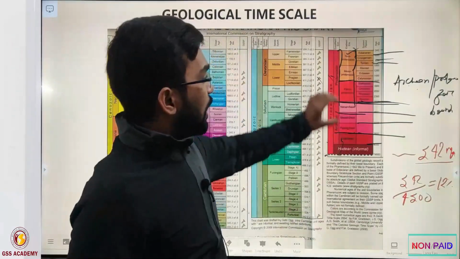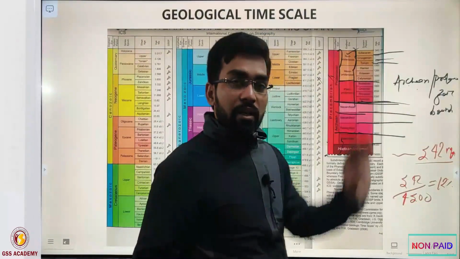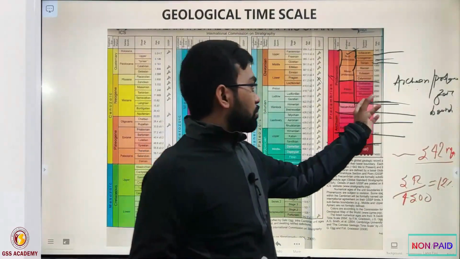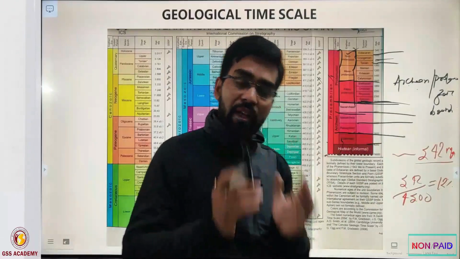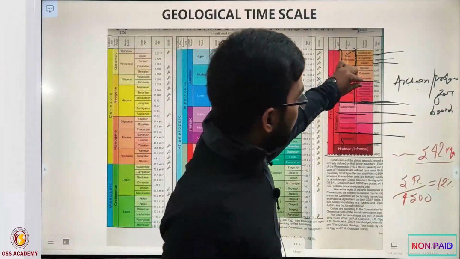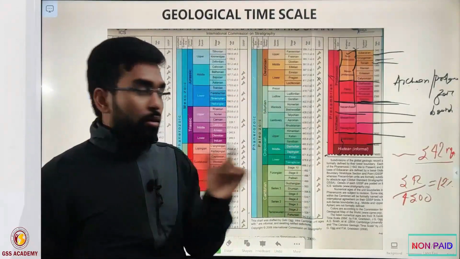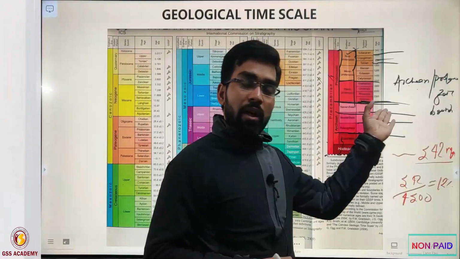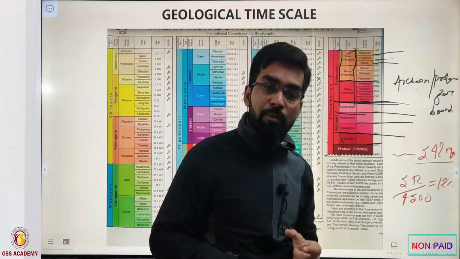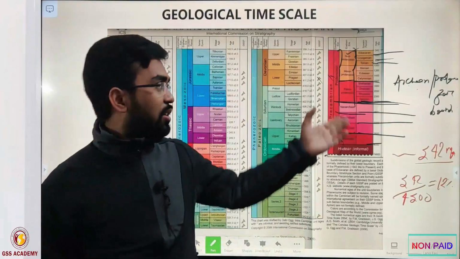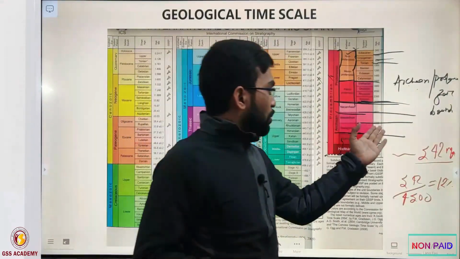Another thing is that the boundaries between these eras are clearly defined, but the boundaries between the smaller units are not very well defined. The boundaries between the larger ones are very well marked by the GSSP, Global Stratotype Section and Point.